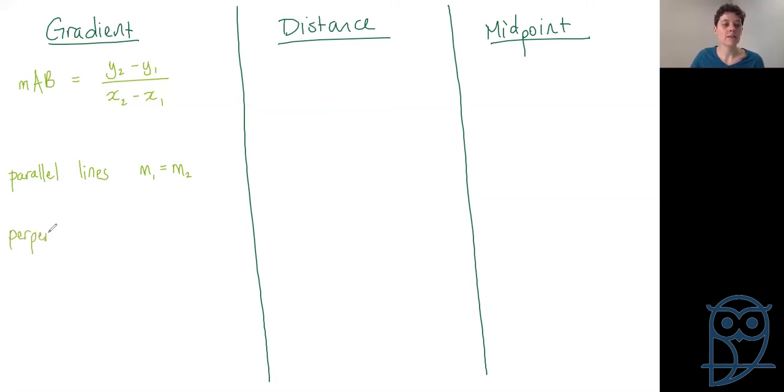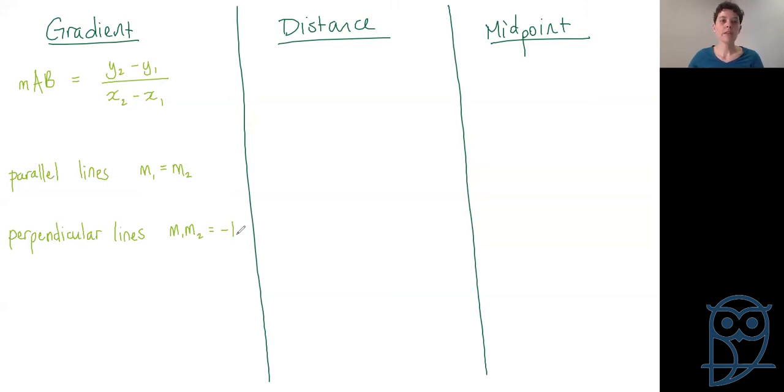We have the perpendicular lines. Seems like spelling is not my strong point today. Okay, so for perpendicular lines, we have a different relationship. M1 times M2 equals minus 1. So there we're going to flip the fraction, change the sign to get our perpendicular gradient. Perpendicular lines, of course, meeting at a 90-degree angle.